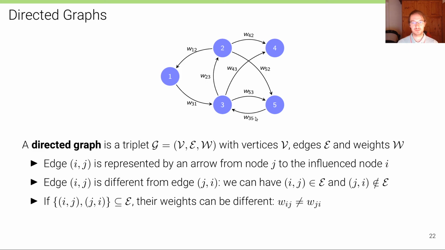If both edges, the edge from i to j and the edge from j to i, are part of the edge set, their weights can still be different. In a directed graph, there is no restriction that the weight 5, 3 and the weight 3, 5 are the same.